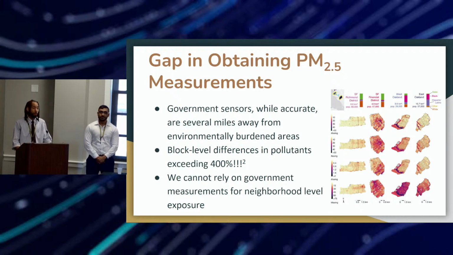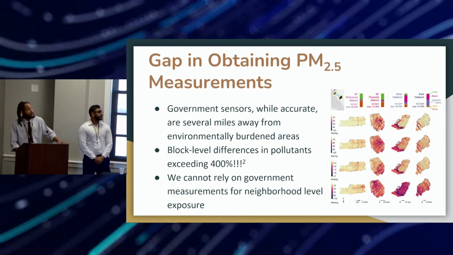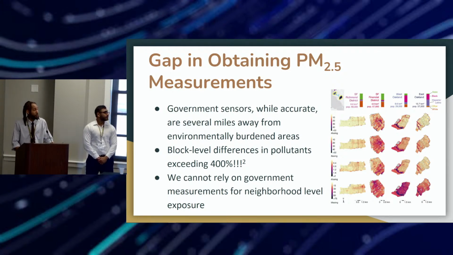What we've seen is that you can have block differences of about 400% or more, depending on the situation, in different regions. An example of that is right here on the right-hand side of the screen. This is an independent study, not from CEEJH, but it details the same thing. The 2 columns to the left are 2 different districts in San Francisco.